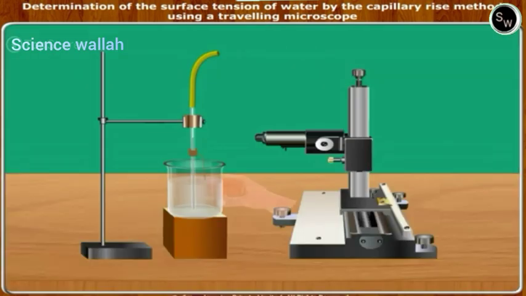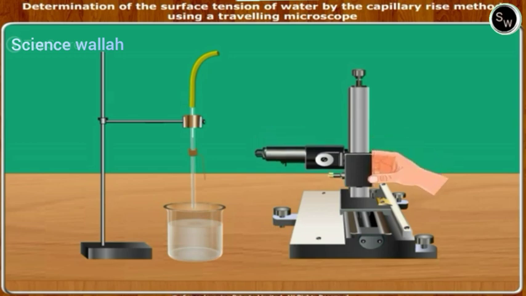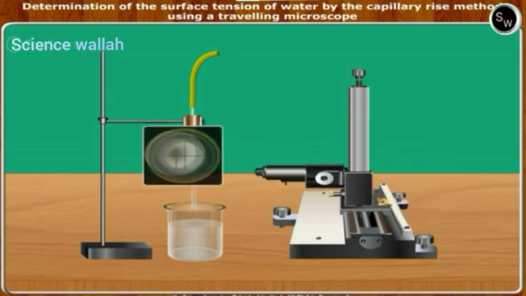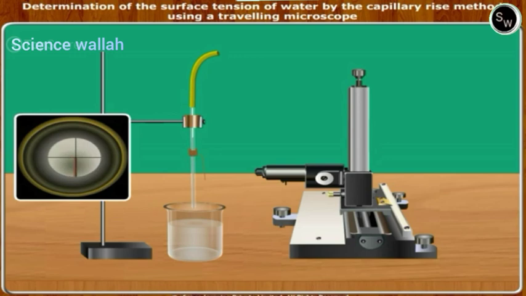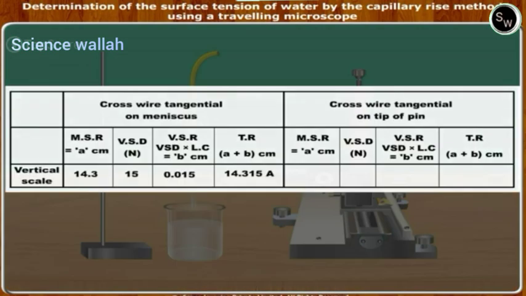Now, raise the beaker slightly without disturbing the capillary tube and the pin. Remove the wooden block and then lower the beaker and let it rest on the table. Lower the microscope tube so that the horizontal crosswire is now tangential to the tip of the pin. Note the corresponding microscope reading B. Observation number 2. A is equal to 9.45 centimeter.